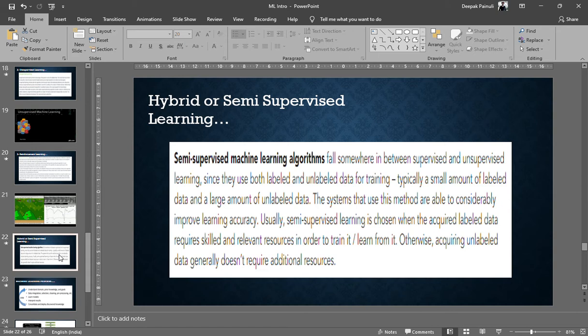Then I simply check the group 1 images, and with the help of a radiologist or the small amount of available labeled data, I will give that cluster a name.